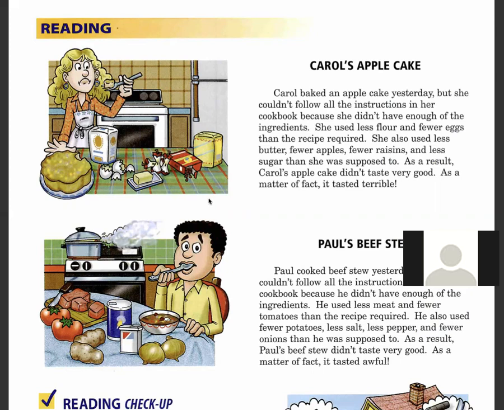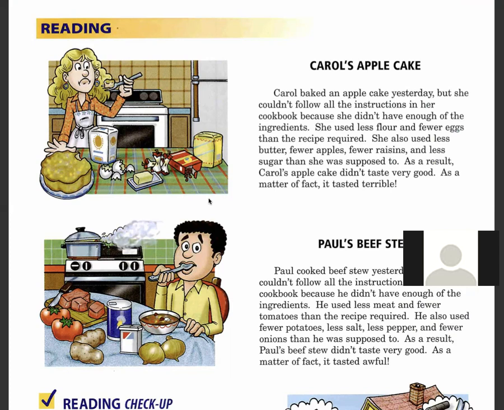Paul's beef stew. Paul cooked beef stew yesterday, but he couldn't follow all the instructions in his cookbook because he didn't have enough of the ingredients. He used less meat and fewer tomatoes than the recipe required.